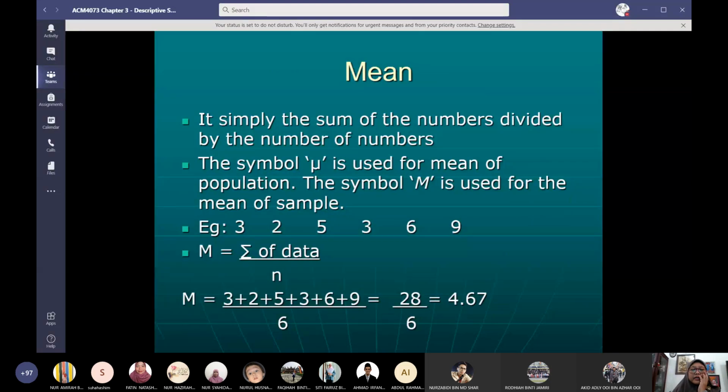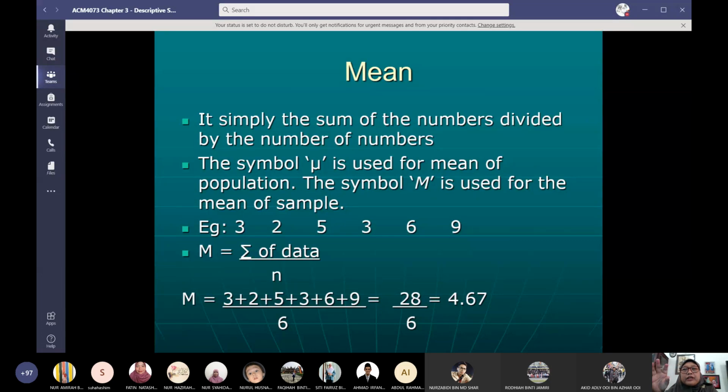Now let's look at mean. Mean means average. It's simply the sum of the numbers divided by the number of numbers. What do we mean by that? You have 50 respondents.